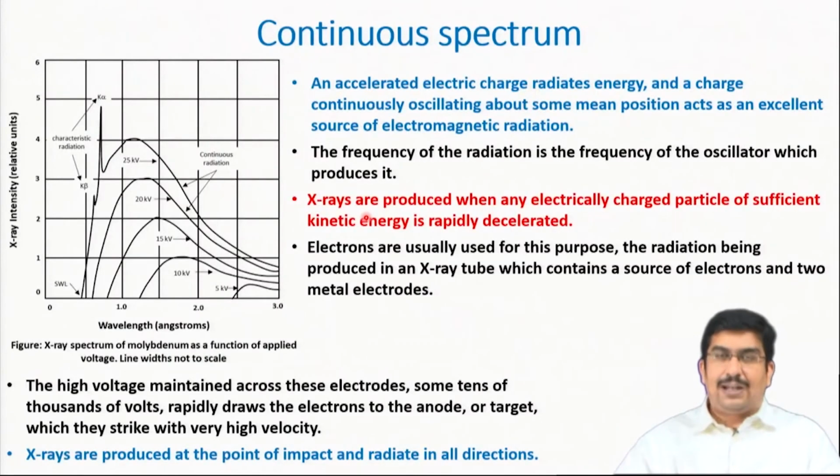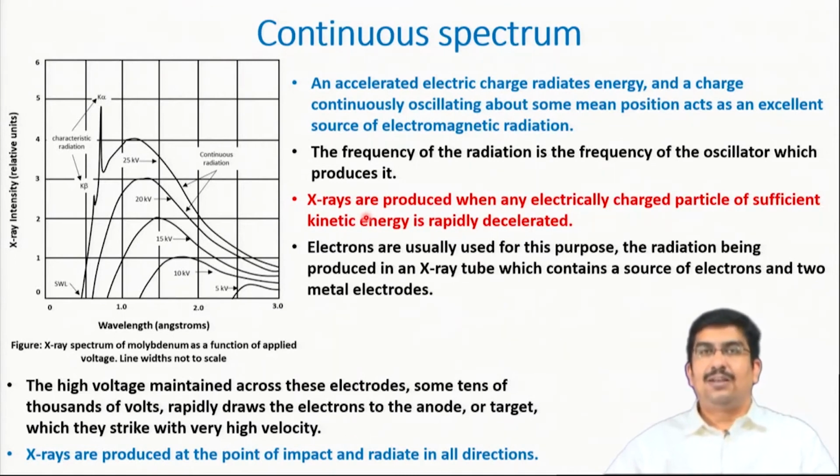Now let us discuss something called the continuous spectrum. Before doing that, we have to understand how we can generate an electromagnetic wave. The easiest way of generating an electromagnetic wave is to think of an accelerated electric charge.